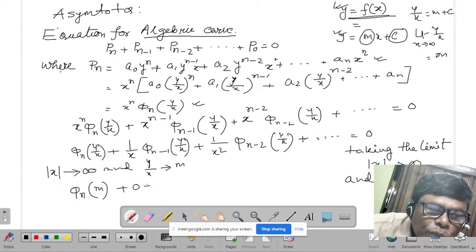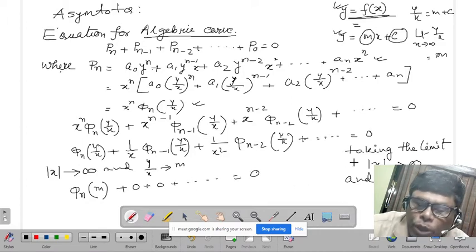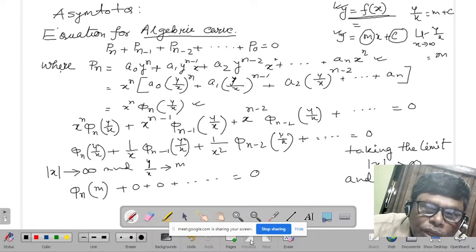So 0 plus 0 plus dot dot dot equals 0. So what we will get, next page, let me go to the next page.